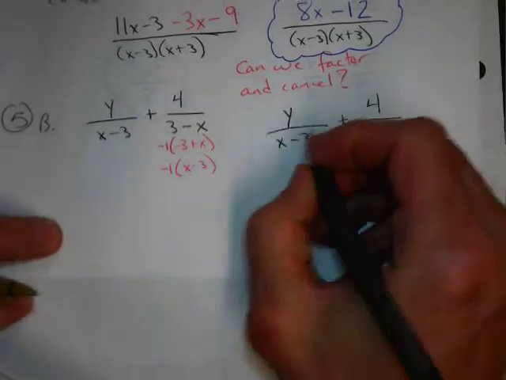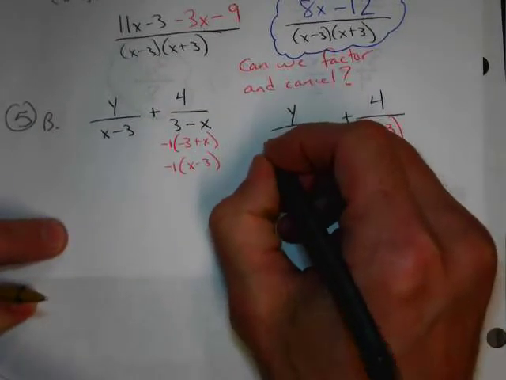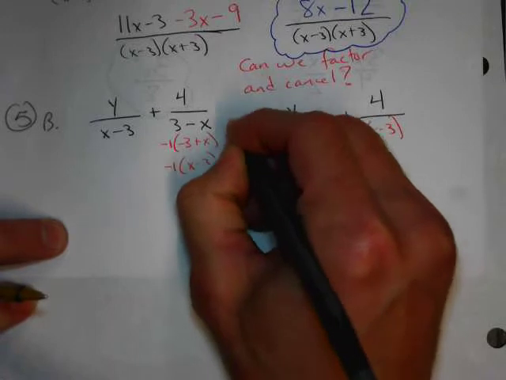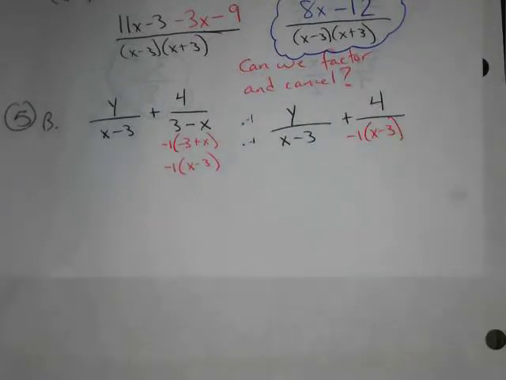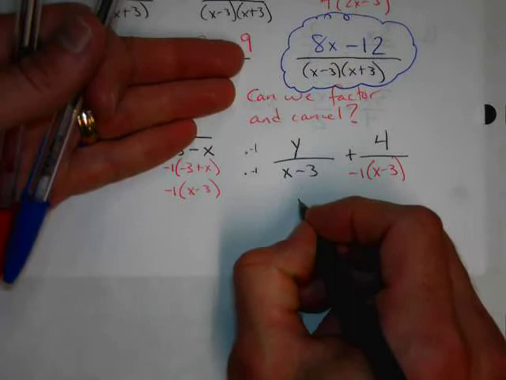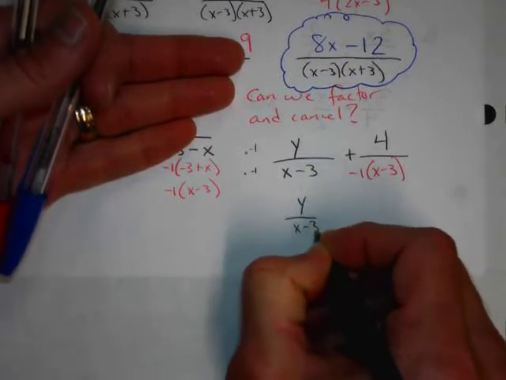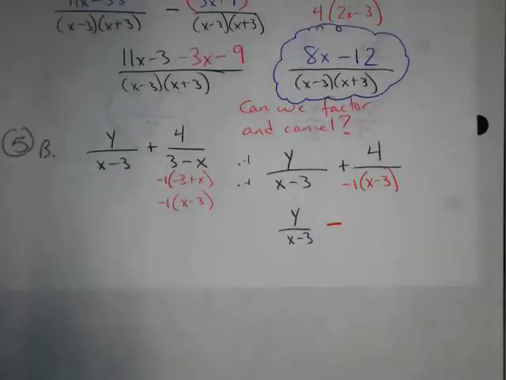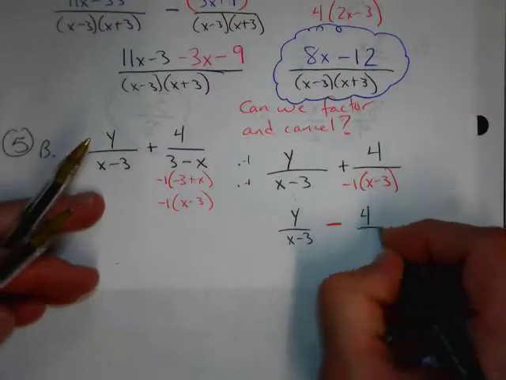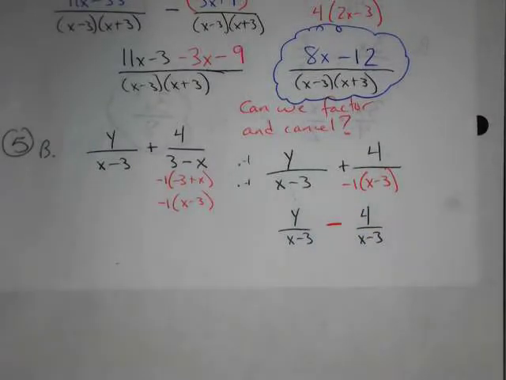So you can multiply this one by -1 and multiply this one by -1, if you wanted to. You can do that, and that's going to be just fine. But what I'd rather do is see that I'd have y over x minus 3 minus 4 over x minus 3. That's right. -1s are so much fun to work with.